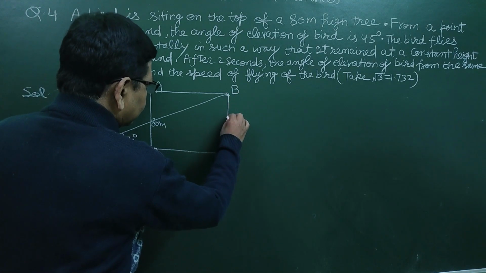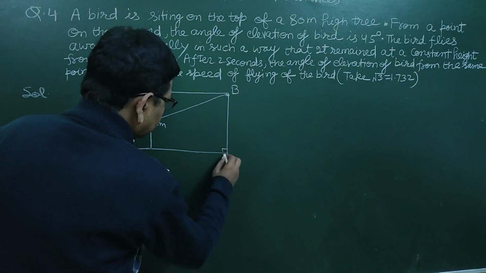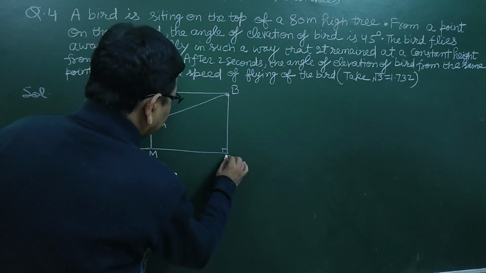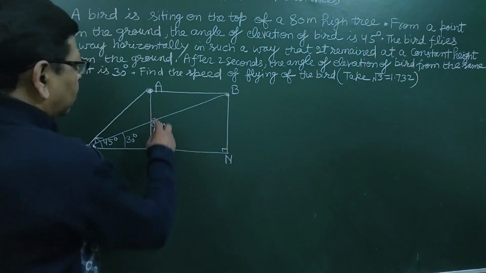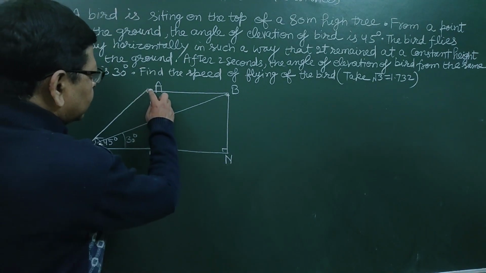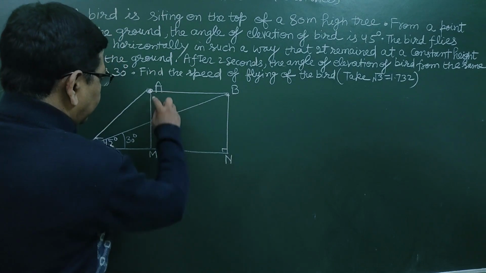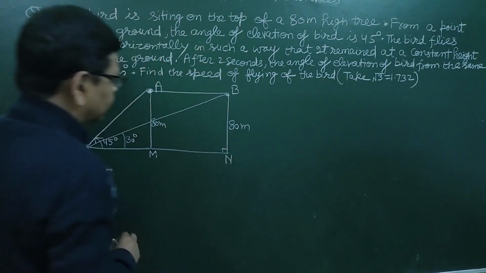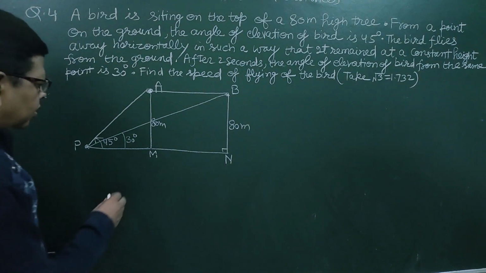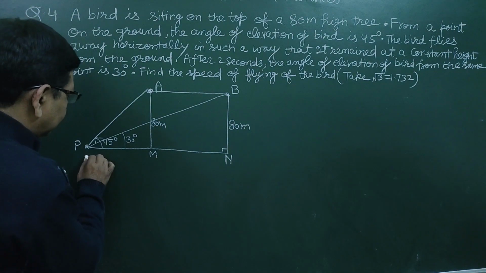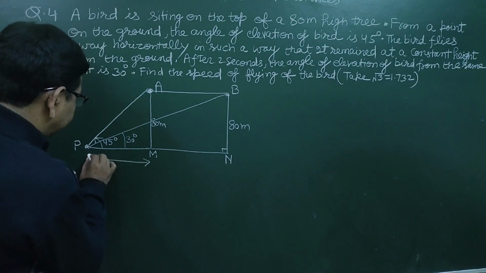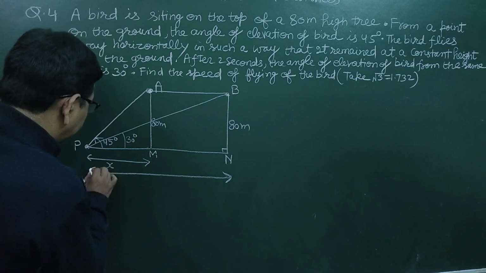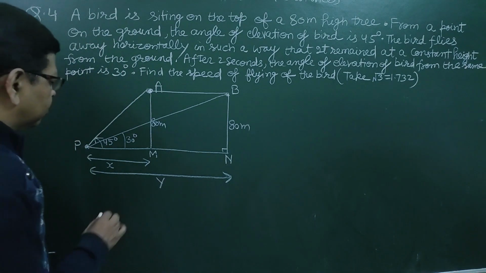So joining this point B, let this point be M here and this point be N. Now AM, because it is a rectangle, AM is equal to BN, this is also 80 meters. Now let us take this distance as x and the whole distance as y, because two right triangles are possible here.